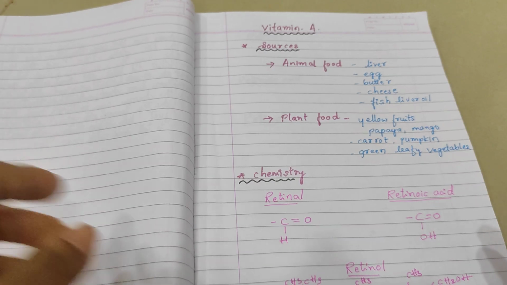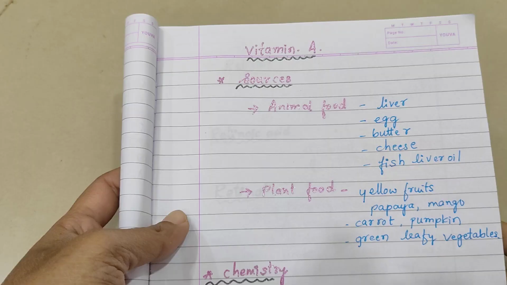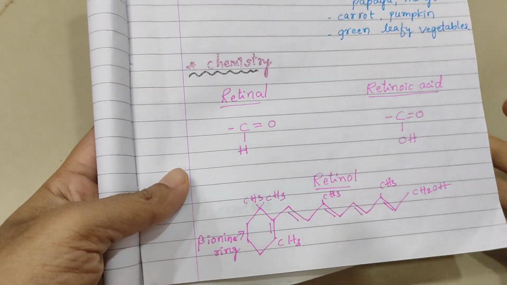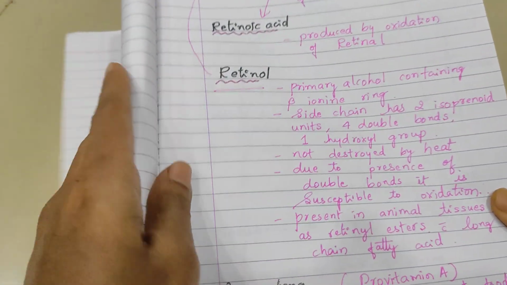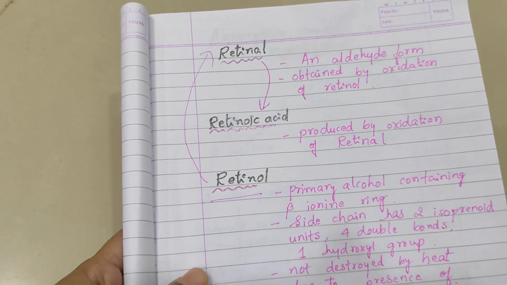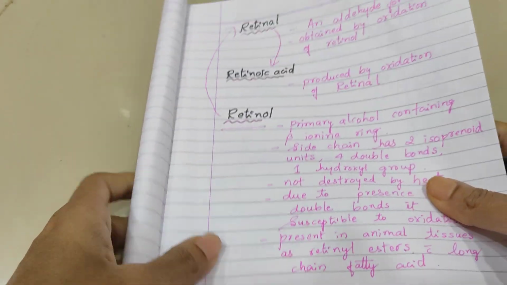So this is all in today's video. What all we covered? We covered the sources of vitamin A, the chemistry of vitamin A, all the forms of vitamin A: retinol, retinal, retinoic acid, beta carotene.